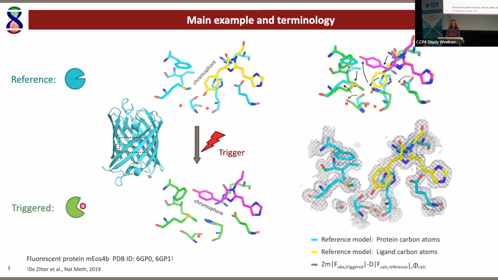These conformational changes are pretty large. However, if we crystallize the protein and illuminate the crystals, we can collect diffraction data and calculate an electron density map, which clearly shows the reference state, but there's hardly a sign of our triggered state. So this is a very nice case to be solved with Xtrapol8.